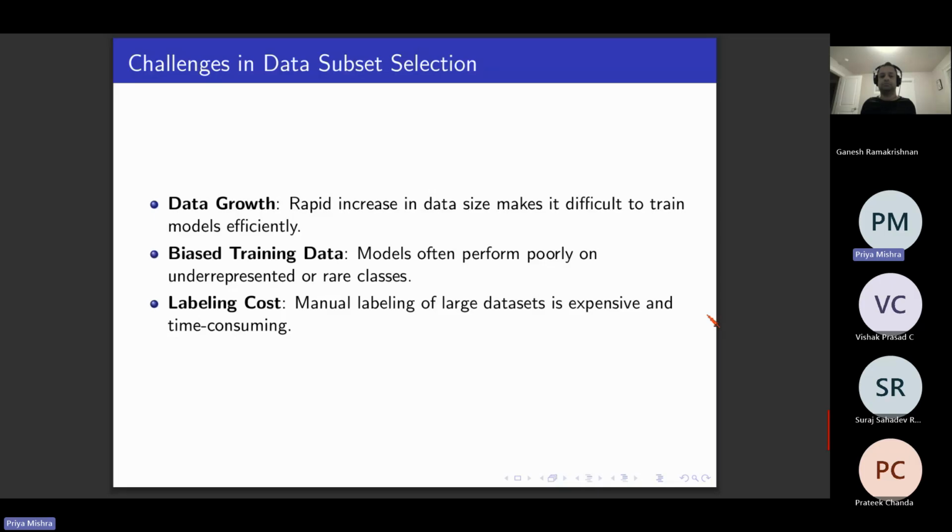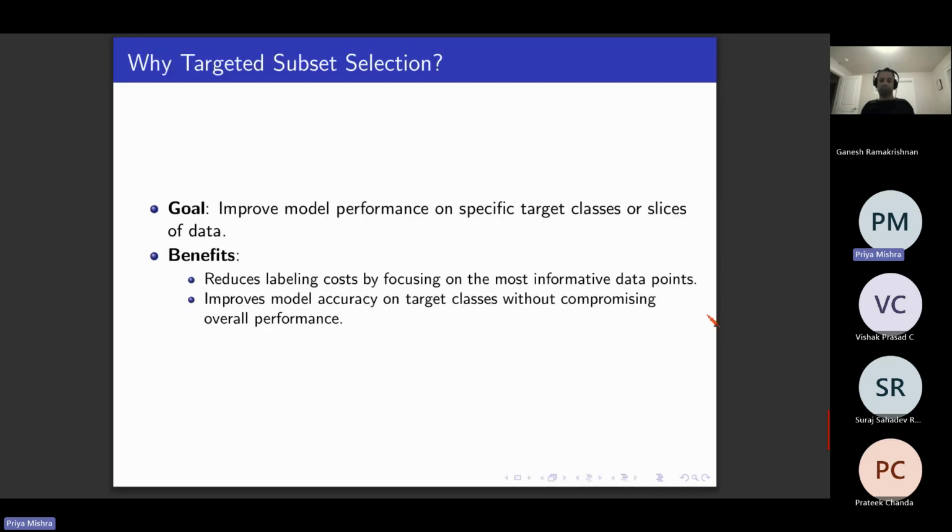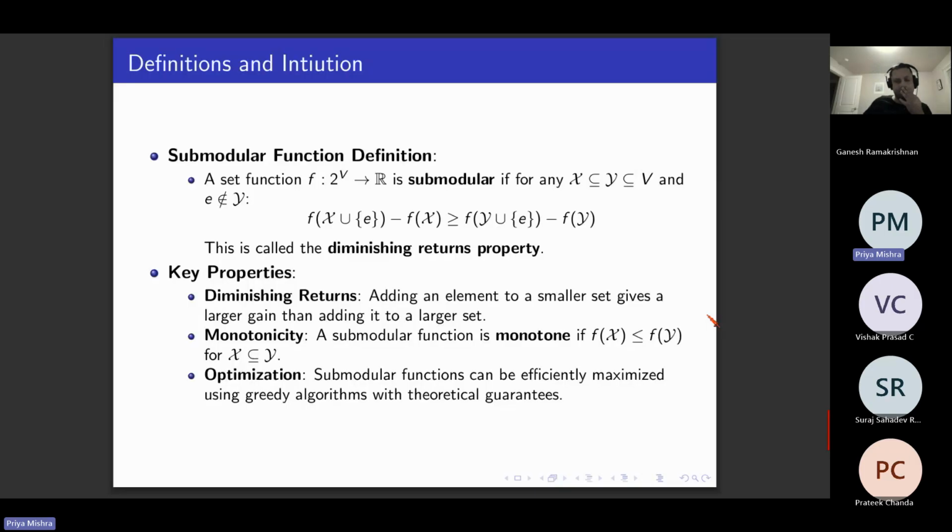So how are we doing it? We are using a submodularity function, which is a set function from the power set of V to real numbers such that it follows the following property.